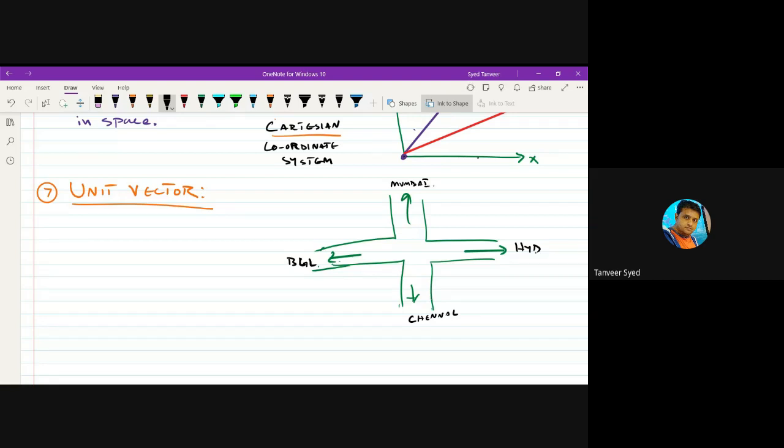And if you had observed, the R&B department, they might have placed a signboard here near the junction. That signboard will have information like this. This looks something like this.